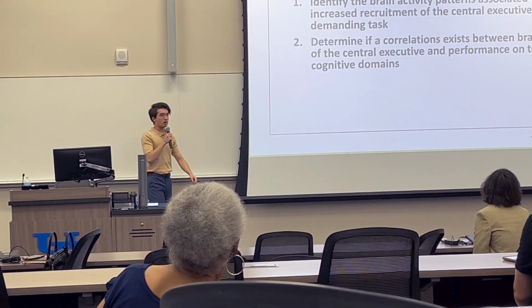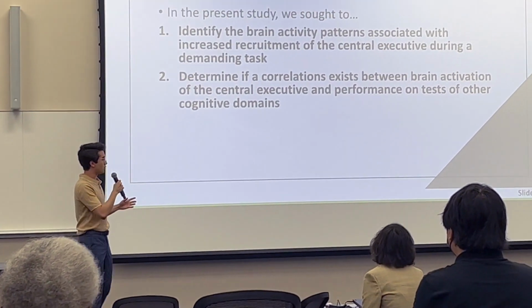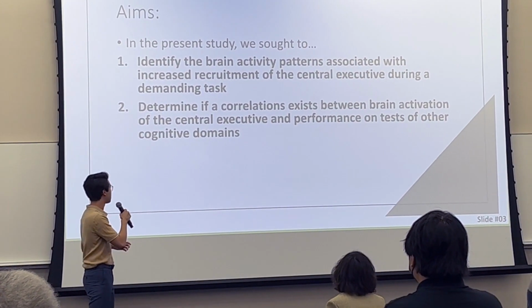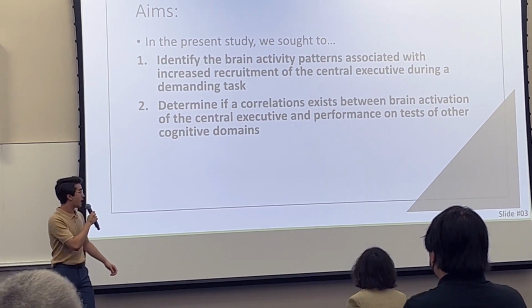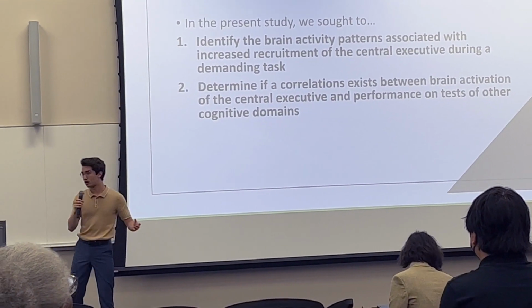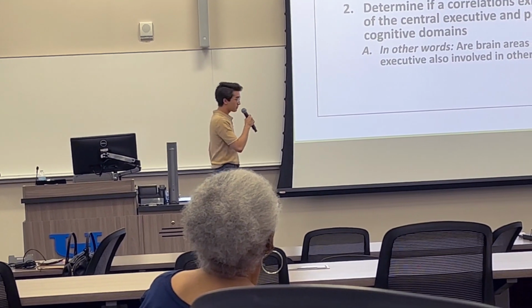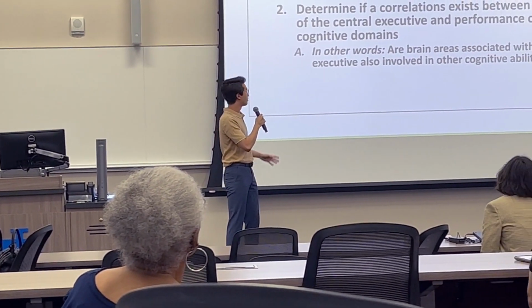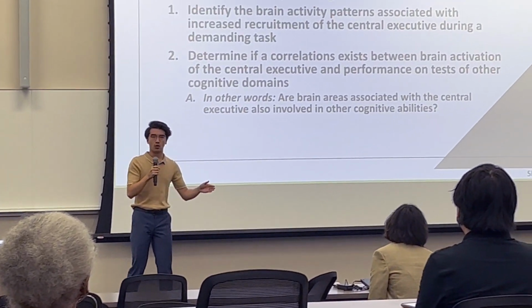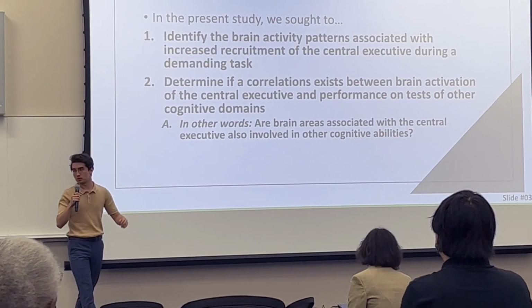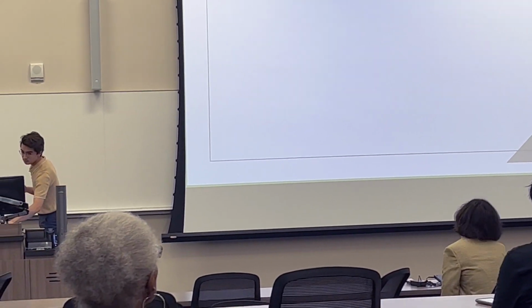And our second aim is we wanted to determine if a correlation exists between brain activation of the central executive and performance on tests of other cognitive domains. And just to break that down, in other words, are brain areas associated with the central executive also involved in other cognitive abilities? Okay.